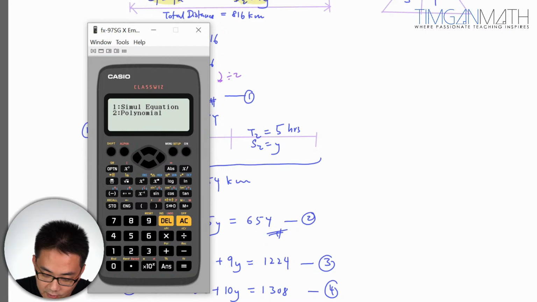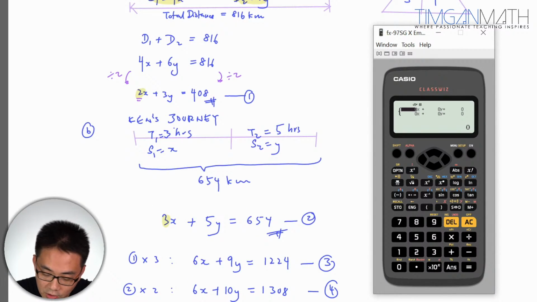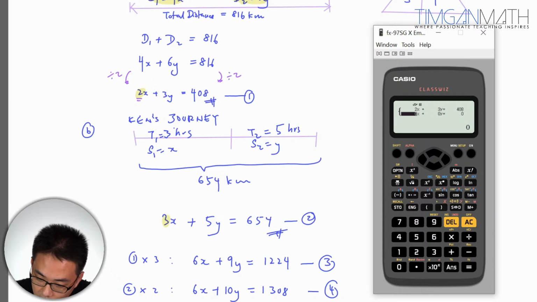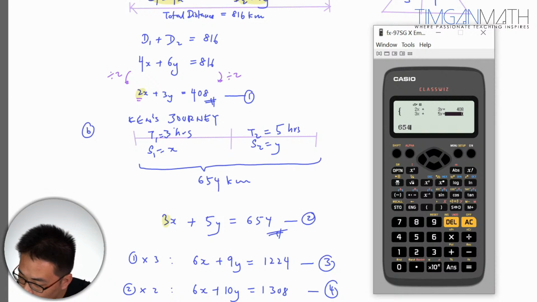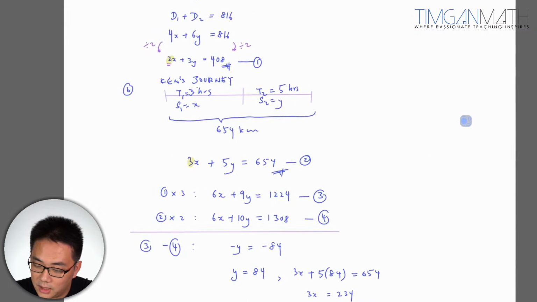Number 5 will have simultaneous equations, which is number 1 for 2 unknowns. Then key in 2, 3, 408, and after which 3, 5, 654. There you go, you get the answer there. That's how you check your answer.